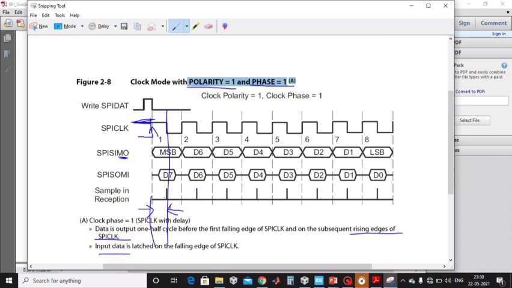Input data is latched on the opposite of this. Opposite of rising edge means input data is latched on the falling edge. This is the falling edge and you can clearly see that sample in reception, that means input data is sampled here. So this was all about the modes of the SPI communication.